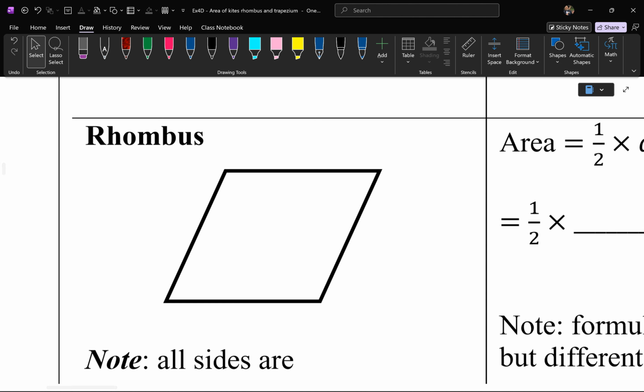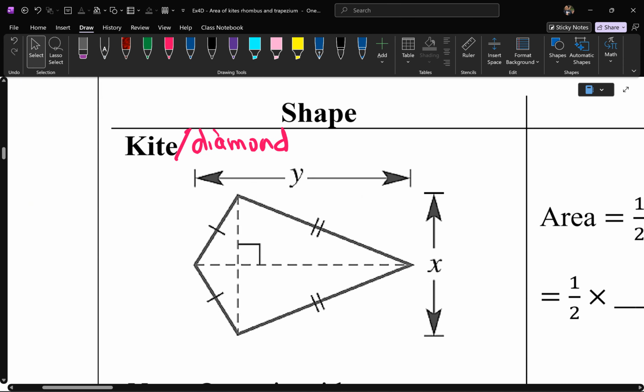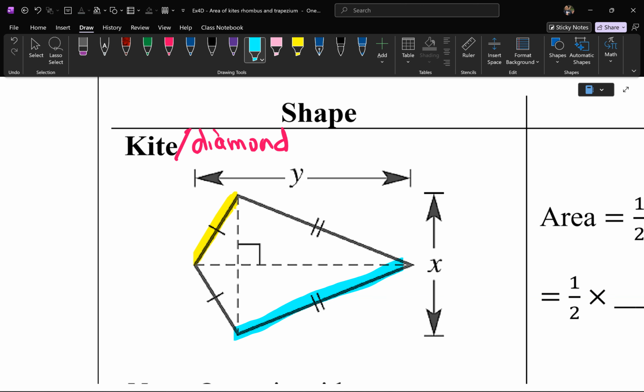But the symbols will make a difference between a diamond and a rhombus. How do you know? Very easy. In a kite or a diamond, notice that the opposite sides, listening, opposite sides, they don't equal. Unlike a square, unlike a rectangle, unlike all the other types that you might know, where opposite sides are usually equal. In a kite.